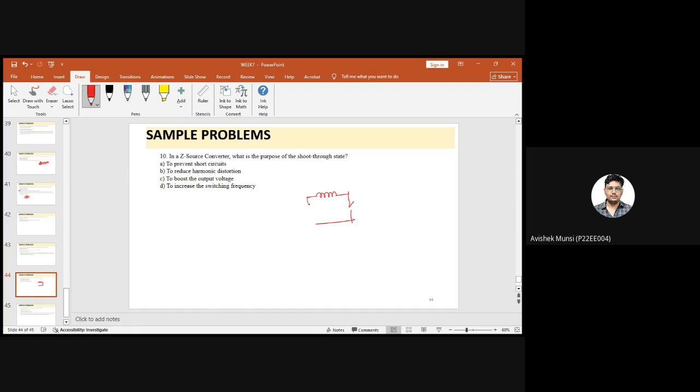Supply is here, and there is a diode, capacitor, a diode, capacitor. It will cross like this, and there is an inductor. So since the combination is like a Z, it is called a Z source converter.